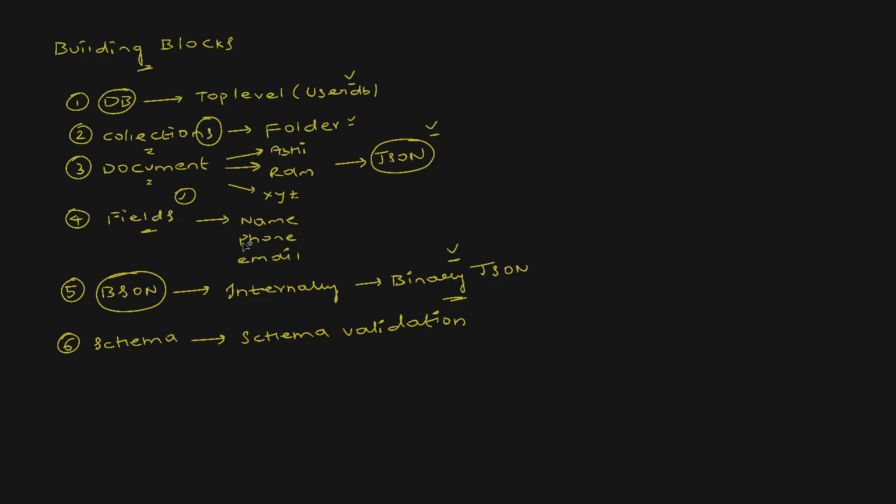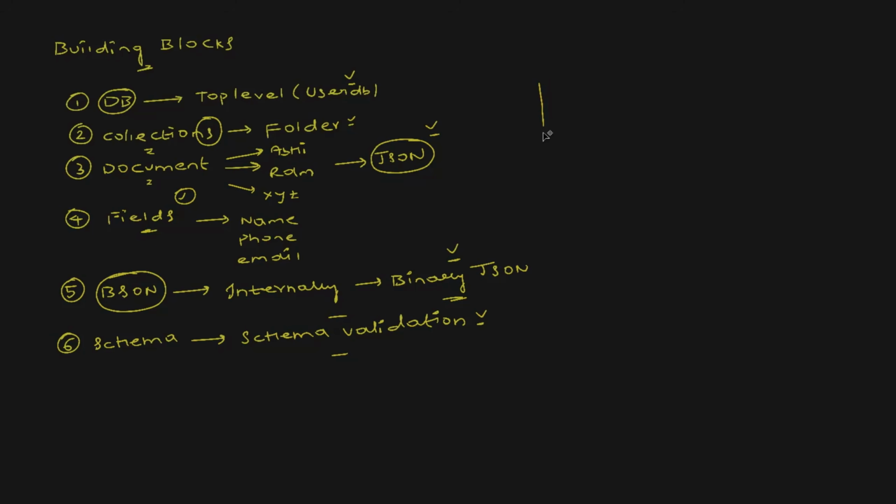Let's say you want to define certain fields in the document as mandatory, or you want to define a particular data type for fields within your document. You can also do that with MongoDB. So what I'm trying to say here is that schema validation can still be implemented with MongoDB and it can be enforced during the creation of the collection. So these are 6 important building blocks of MongoDB.